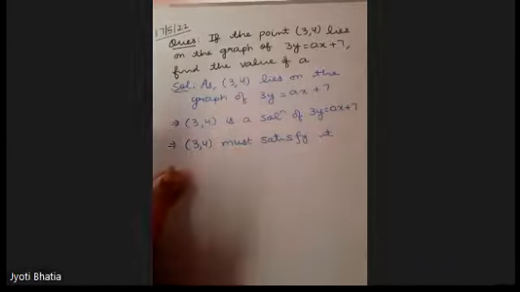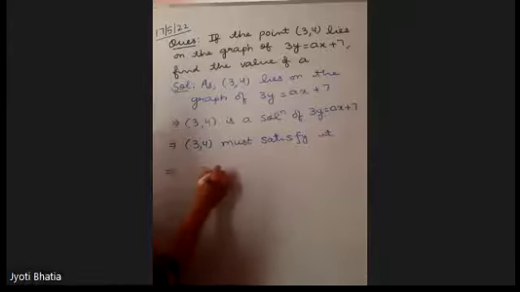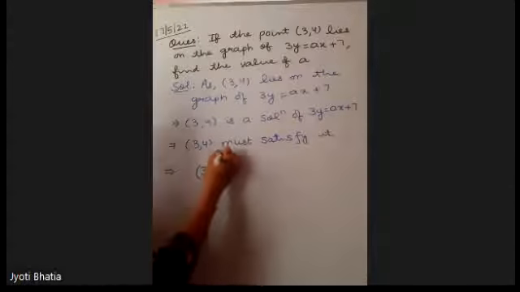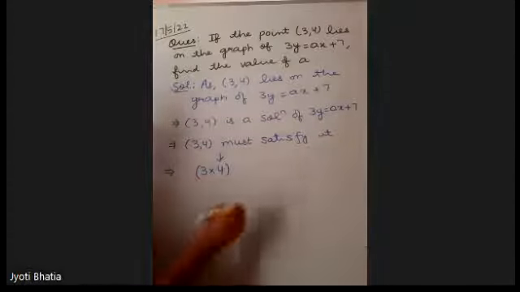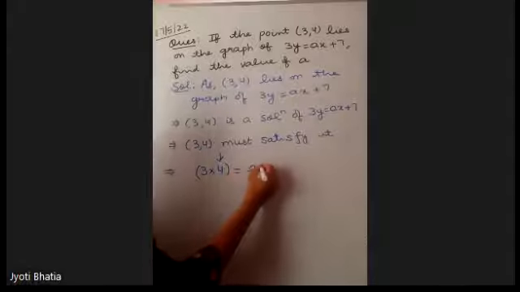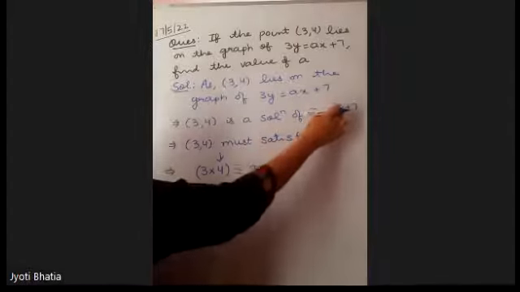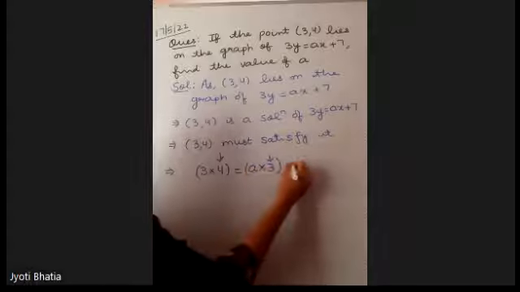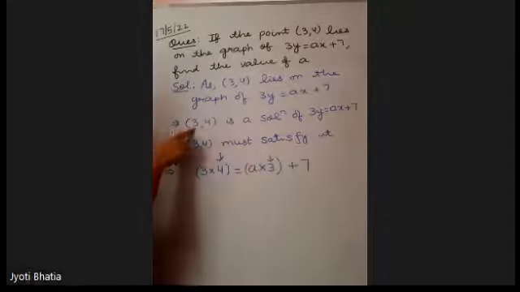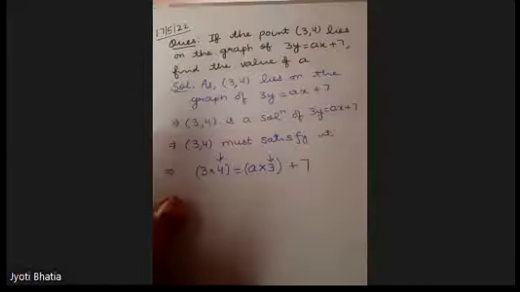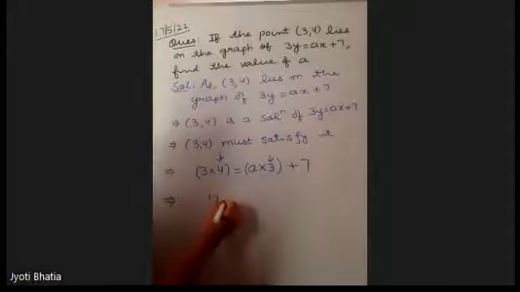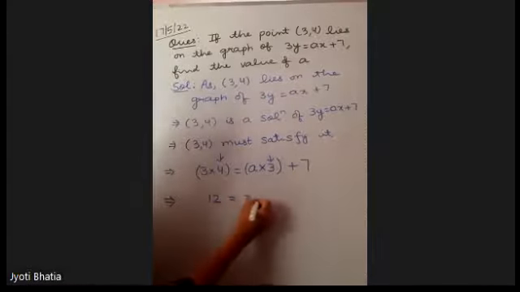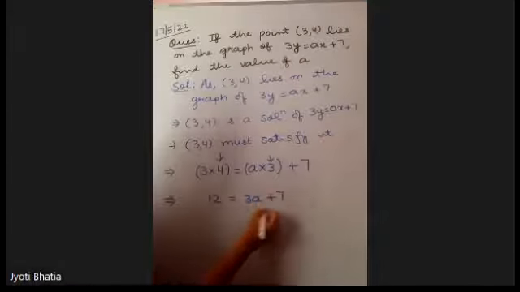LHS will be equal to RHS. So in the place of y, we should put 4. And in the place of x, what shall we put? x is 3, y is 4. Now 3 into 4 is 12, which is equal to 3a plus 7.